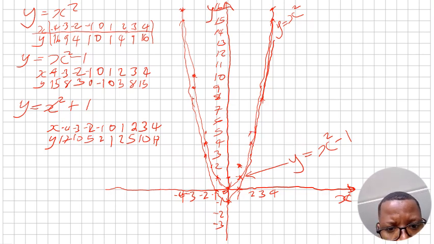When x is equal to 3, y is equal to 10. So 10 is somewhere there. When x is equal to 4, y is equal to 17.